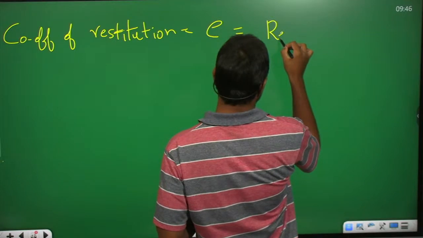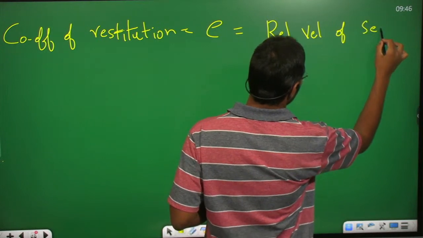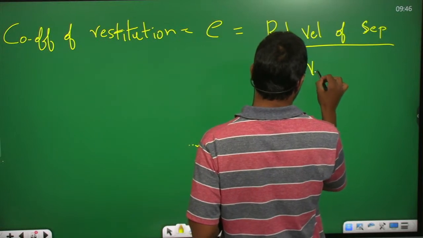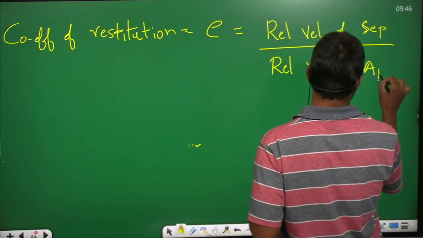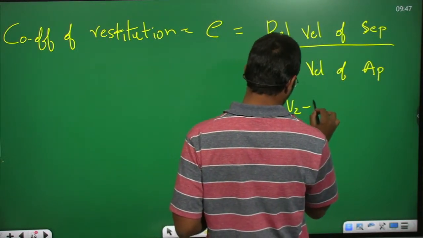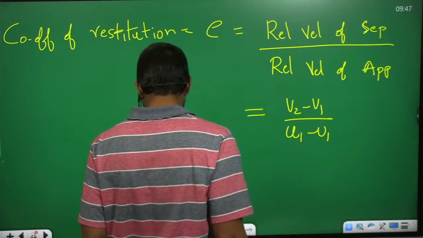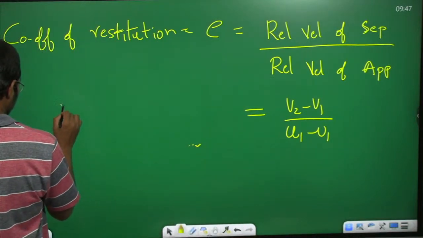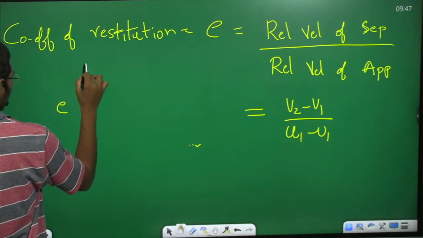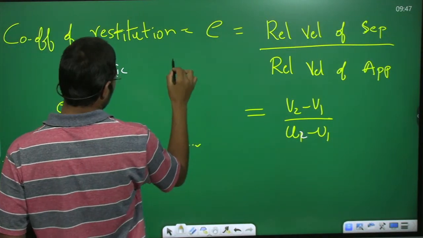Relative velocity of separation by relative velocity of approach. So values of E for elastic, inelastic.